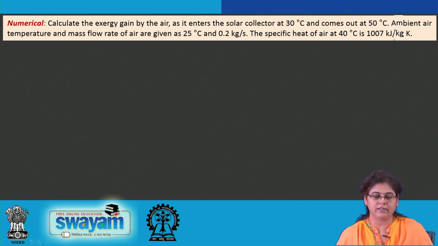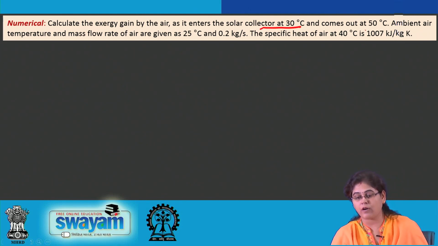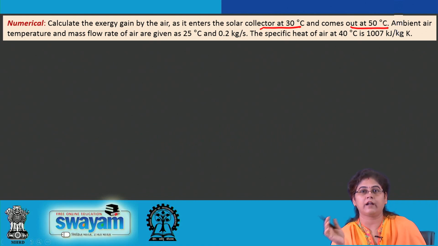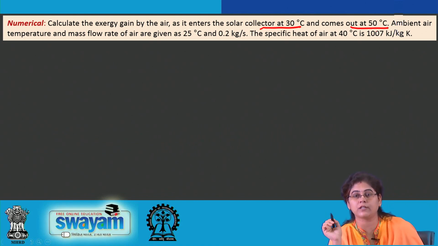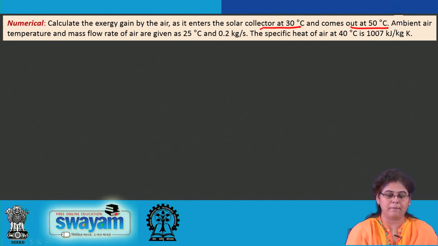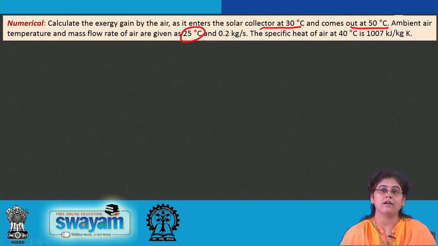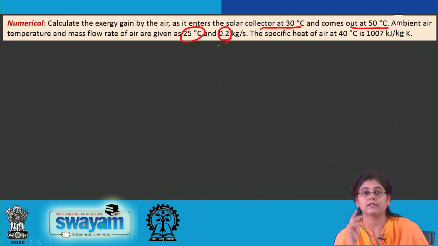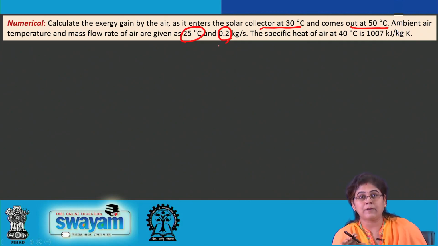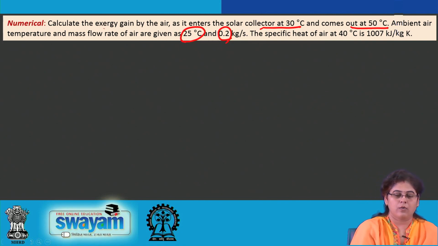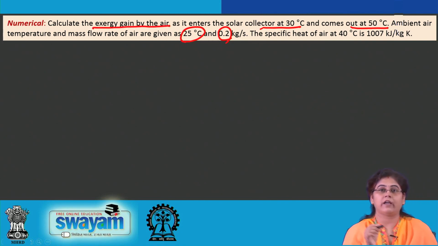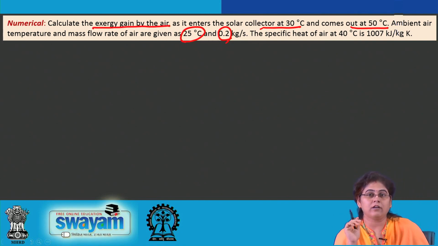So, here the air temperature at the collector inlet is 30 degree centigrade and at the collector outlet is 50 degree centigrade. The ambient air temperature is 25 degree centigrade, the mass flow rate of air is 0.2 kg per second, and the specific heat is already given. So, we have to find out the exergy gain by the air inside the collector.